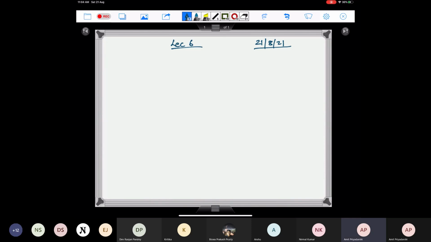So, okay, we were talking about norms on finite dimensional vector spaces. Our aim today is to first prove that any two norms on a finite dimensional vector space are equivalent.